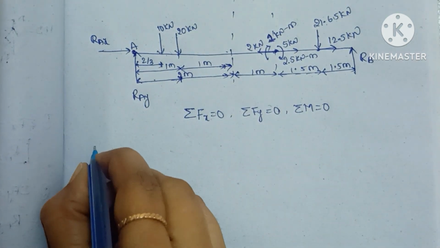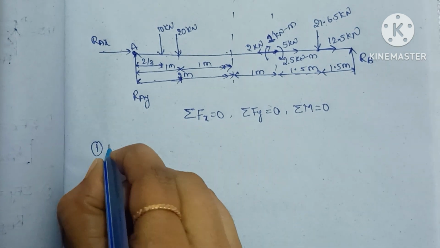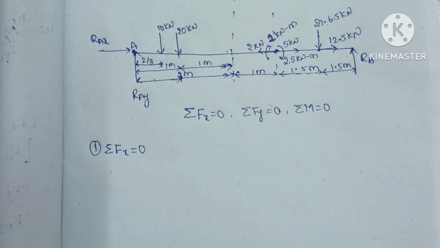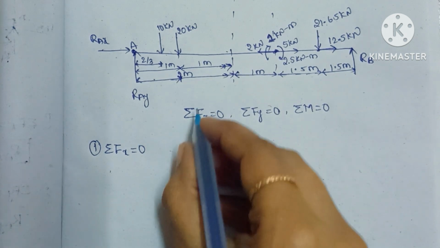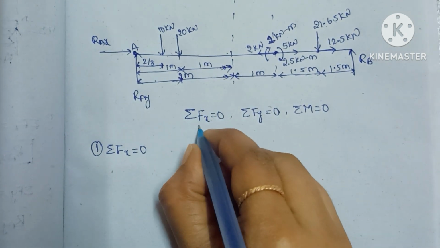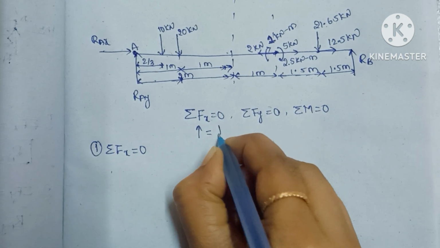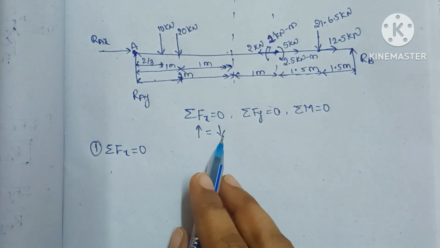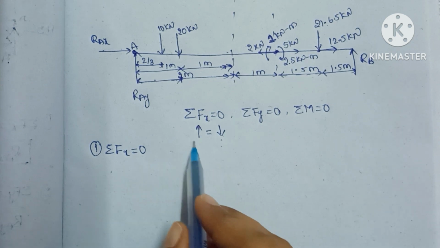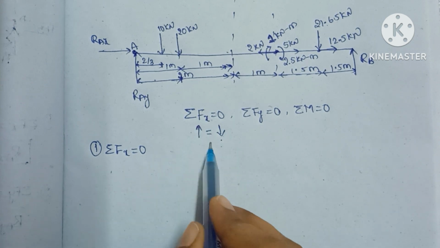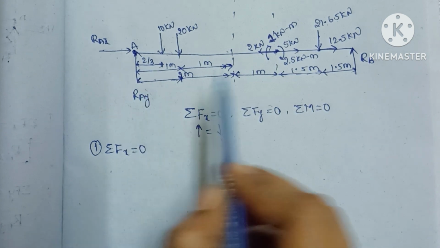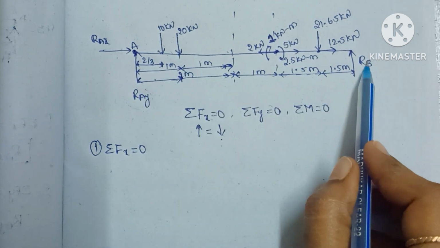So from the first, the sum of the forces acting in the x direction equal to 0. In this problem also I am solving with the forces acting in the upward direction equal to the sum of the forces acting in the downward direction. So forces acting upward are RAY and RB.